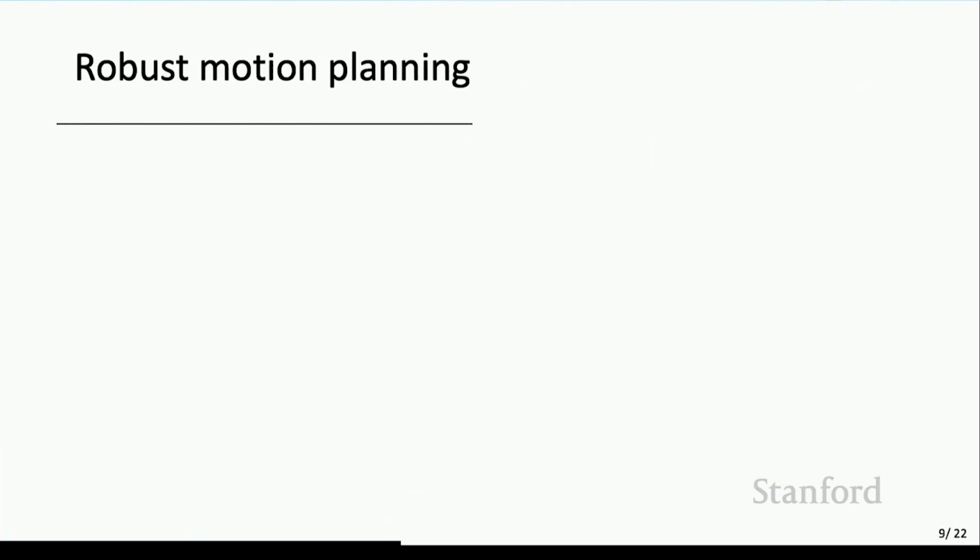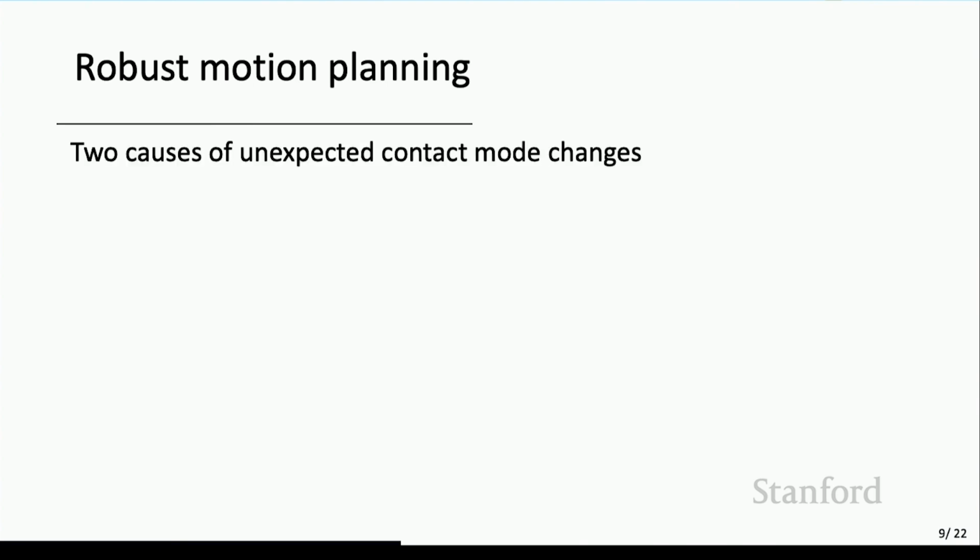So far I have been talking about control, basically how do we make sure things don't go wrong at one time instant. But we might as well extend that time horizon a little bit and do planning of robust motion for a longer horizon. To do so, we first identify 2 causes of failure from the method I just described.